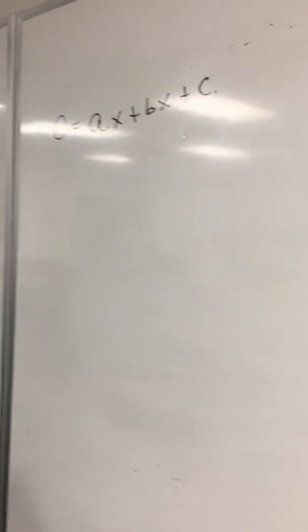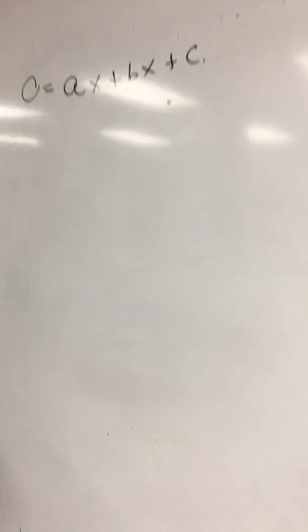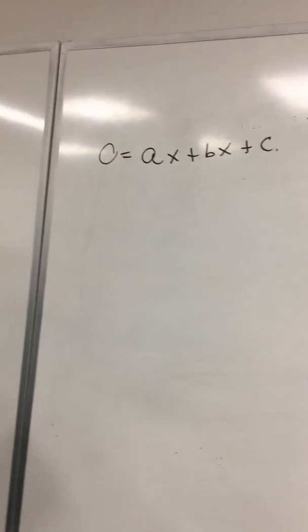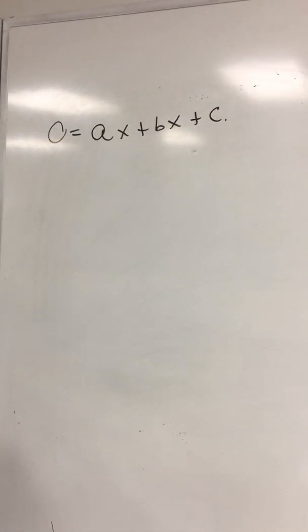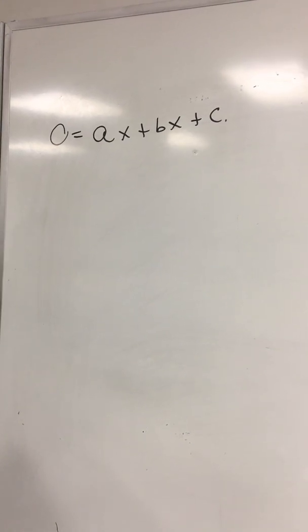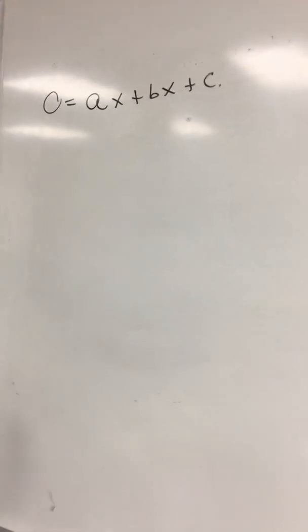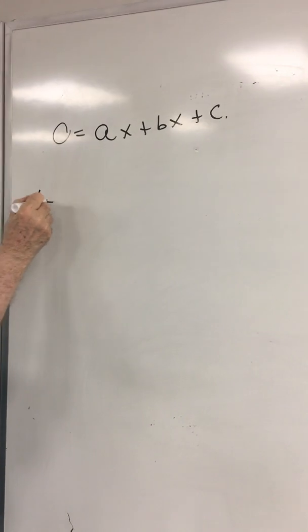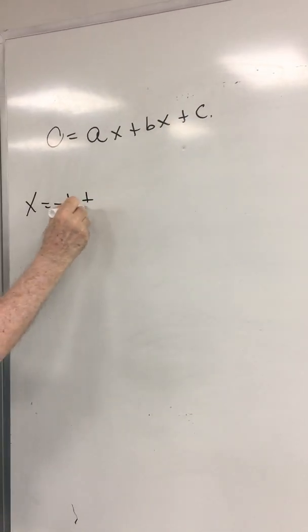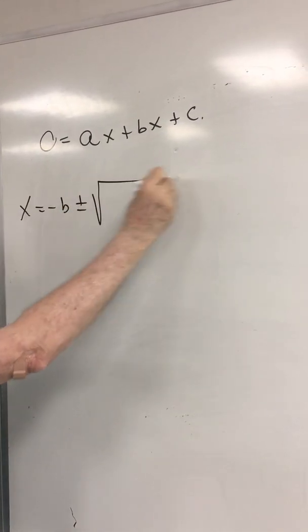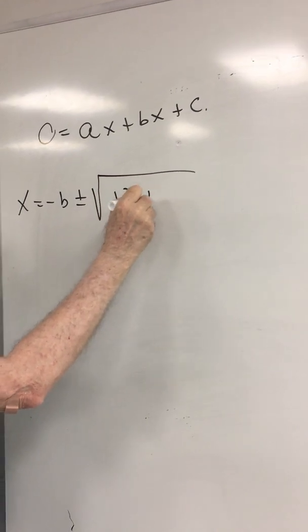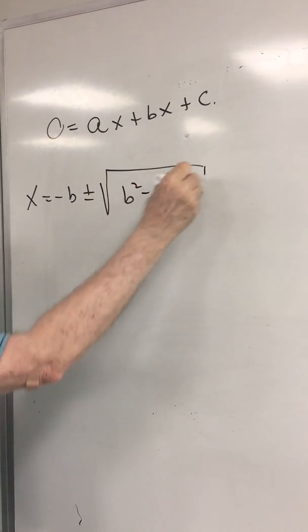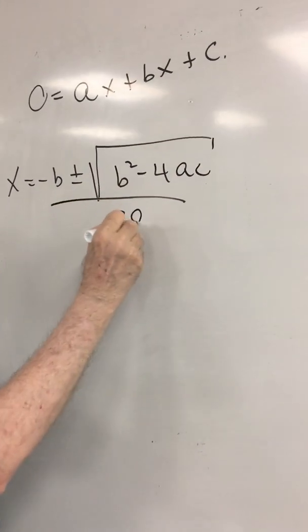And to solve the problem, we use something called the quadratic formula. x is equal to negative b plus or minus the square root of b squared minus 4ac, divided by 2a.